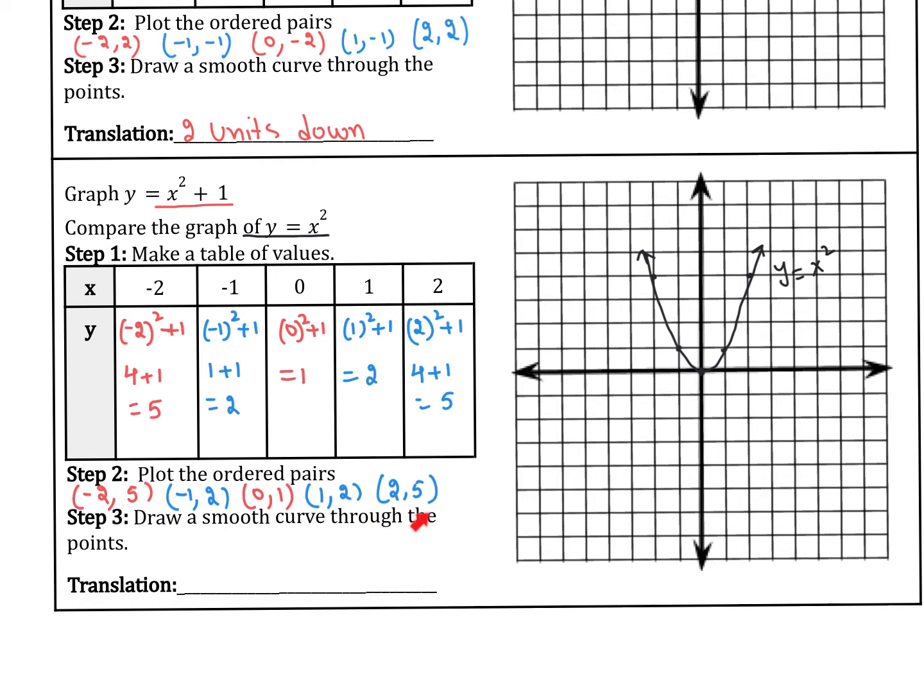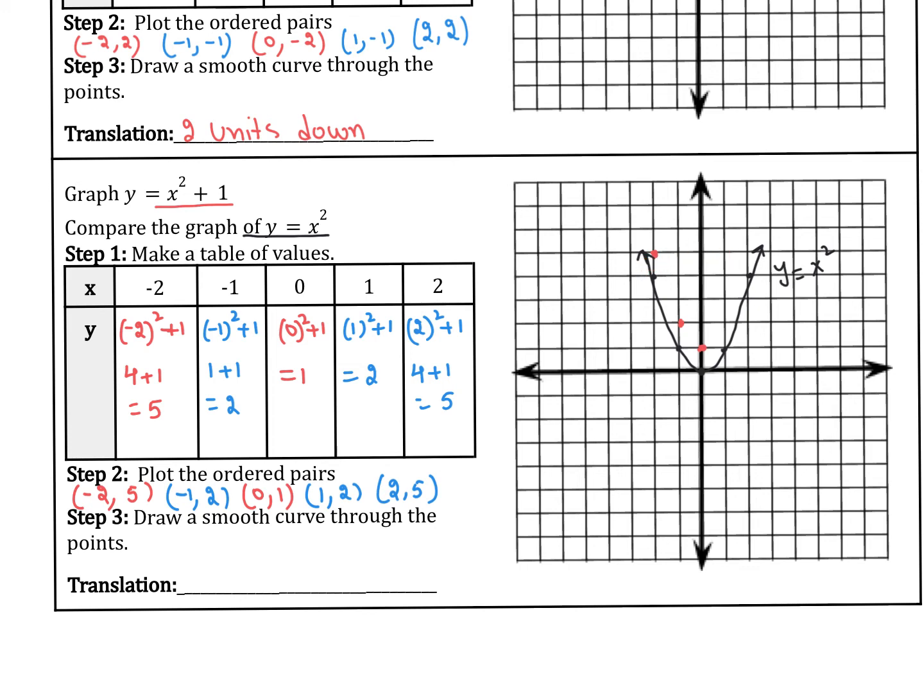We're going to plot these points on the same graph and see how the graph is going to look. (-2, 5) is this point right here. (-1, 2) is this point. (0, 1). And on the other side, you can either plot these points or just mirror these points.